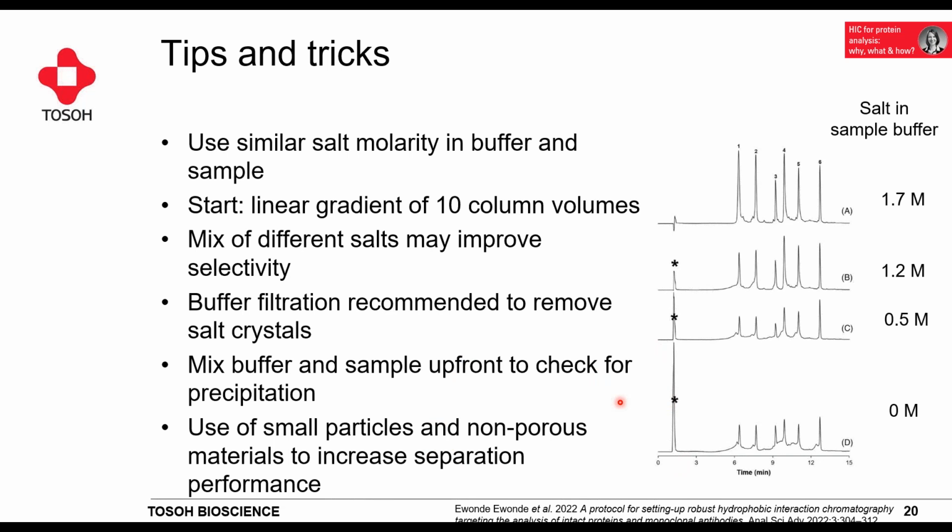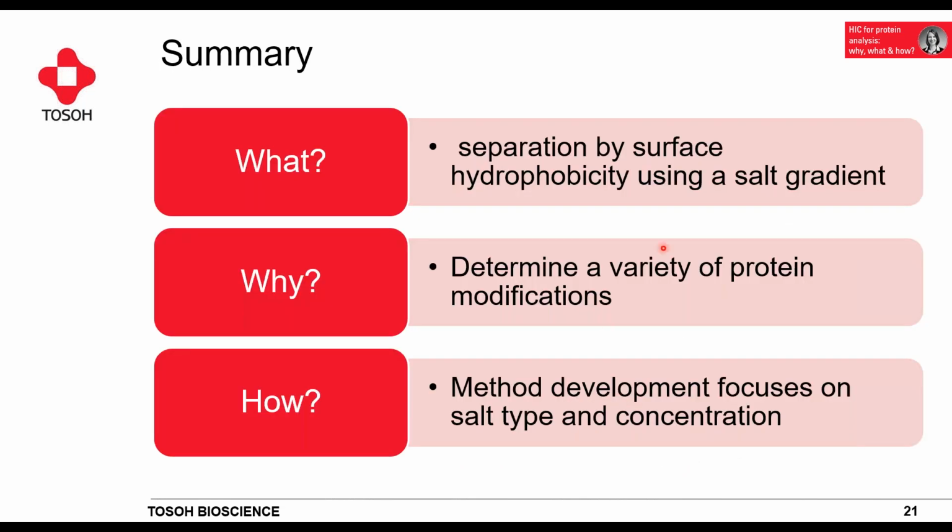And with that, I am already through the introduction to hydrophobic interaction chromatography, and I would like to get back to the title actually. What is hydrophobic interaction chromatography? It's a separation mode that separates by surface hydrophobicity just using a salt gradient.